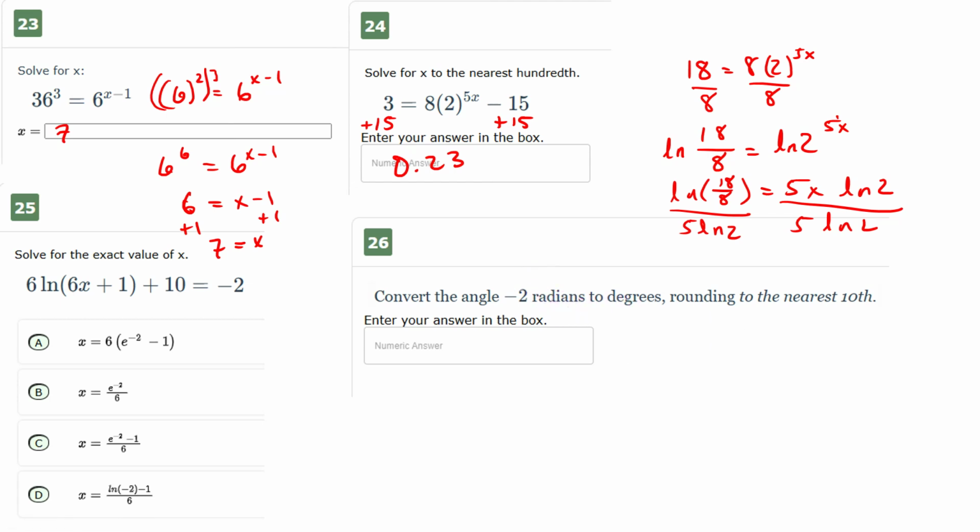Okay. Radians to degrees. So we multiply -2 times 180 over pi. And we get -114.6. Nice and easy.